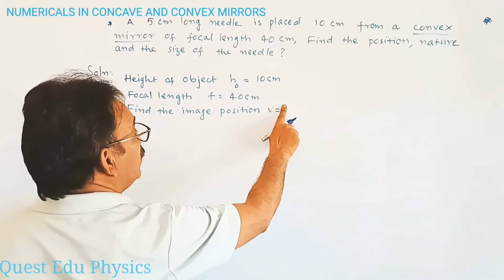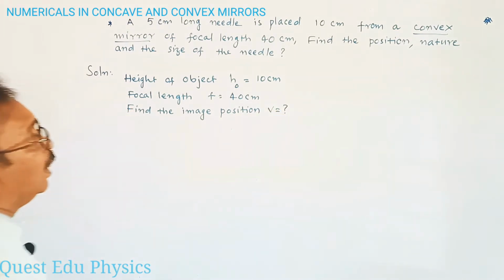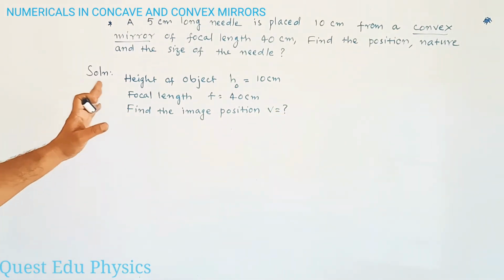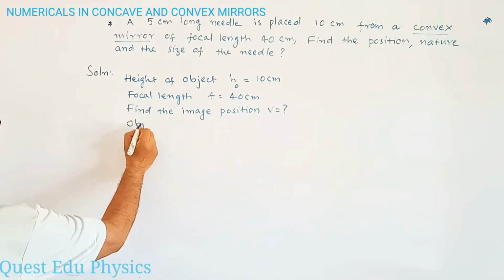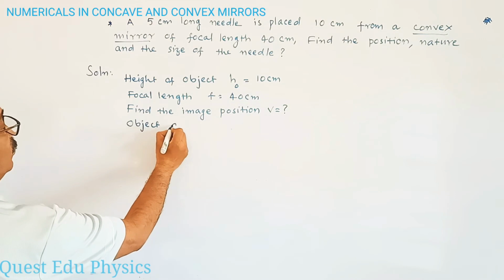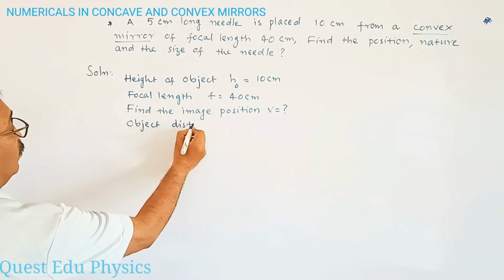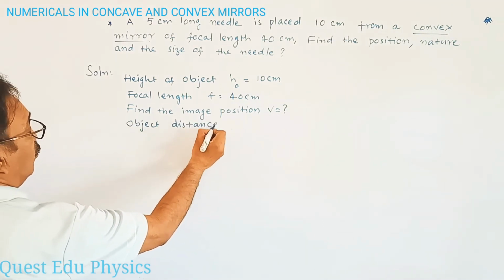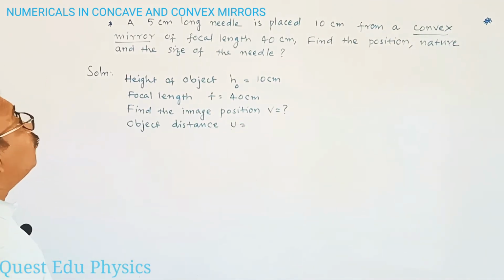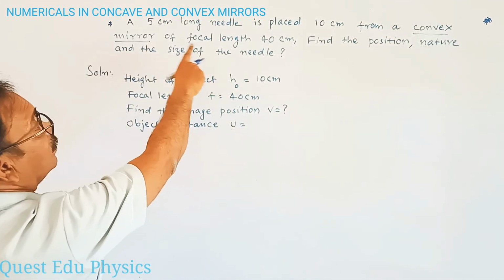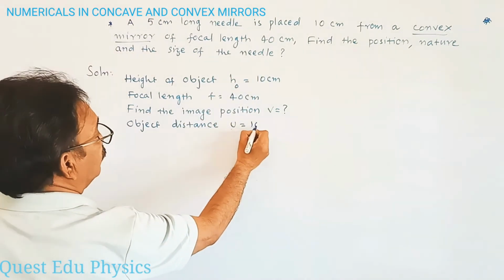V is equal to how much, he is asking, and the object distance he gave. Object distance, okay, students, U is equal to how much? 10 centimeter.